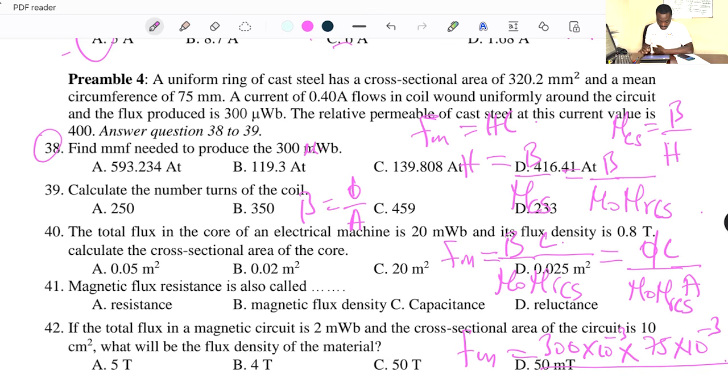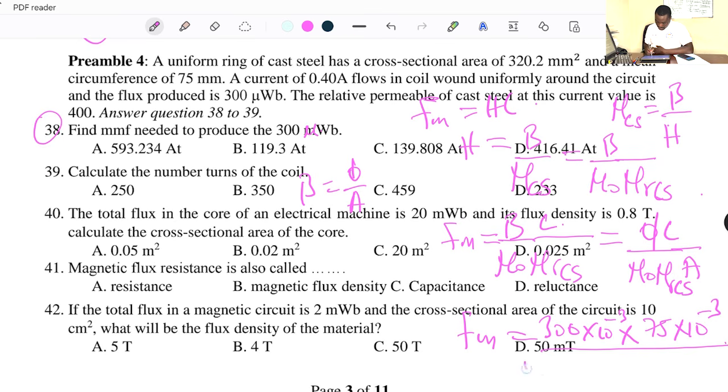And then when it comes to the permeability of free space, that is 4π times 10 to the power minus 7, times the relative permeability of cast steel, which is 400, right? Then times the area, which is 3.2 times 10 to the power minus 6, millimeters squared.